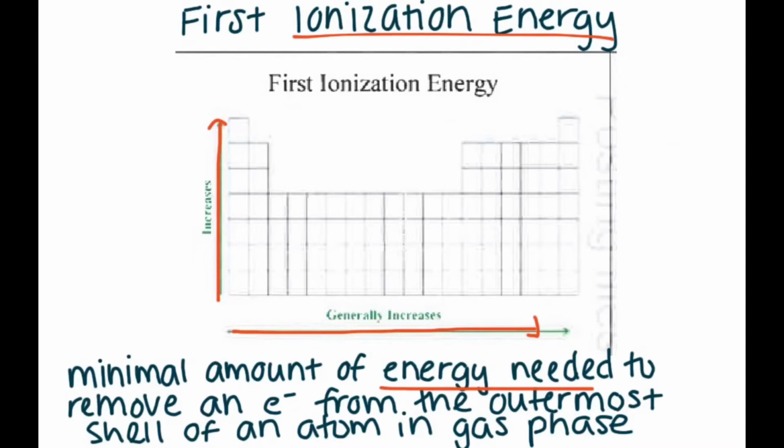However, this trend is not solely based on the charges, but more so on the shielding effect that we just talked about, because going across a period and down a group, you add more shells, which increases the distance of the electrons in the valence shell from the nucleus, providing more shielding and decreasing the attraction between that electron and the positively charged protons in the nucleus.